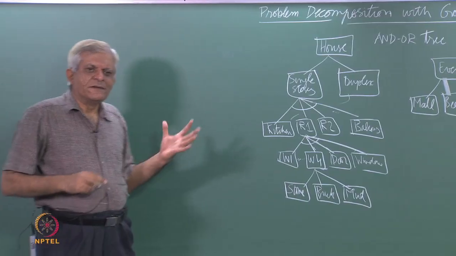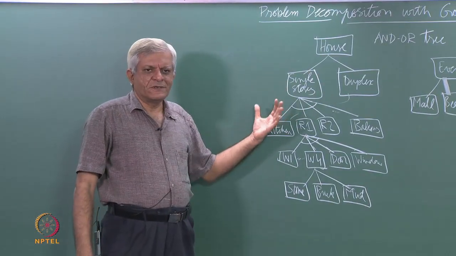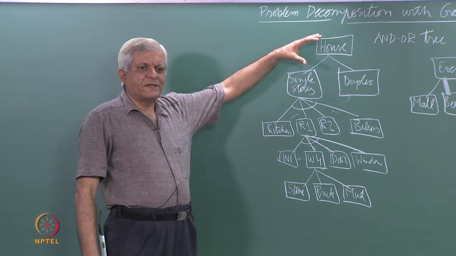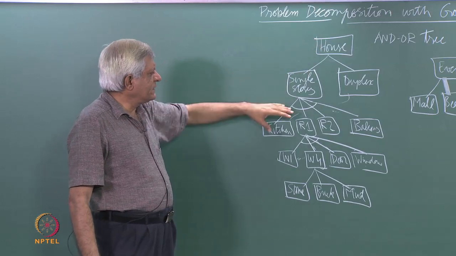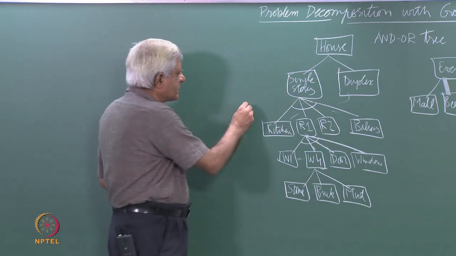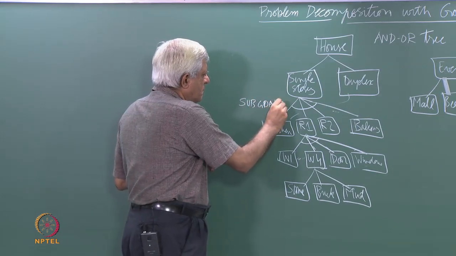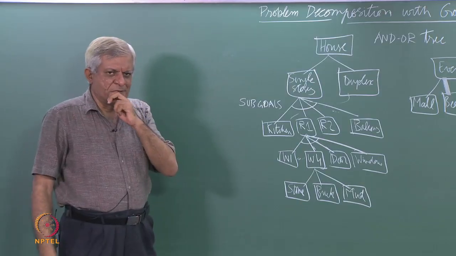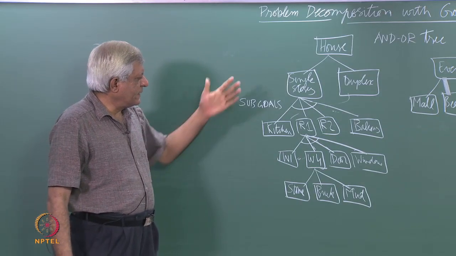So, in this manner the choices that are available to you to construct a house can be organized into an AND OR tree, where at the top level you have the high level goal, which is to construct a house. Then at lower levels, these are sub goals, and you keep breaking it down.